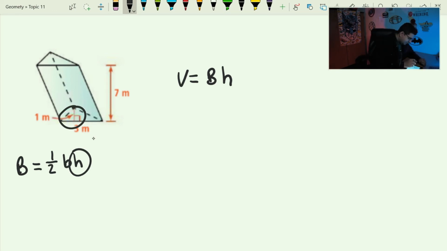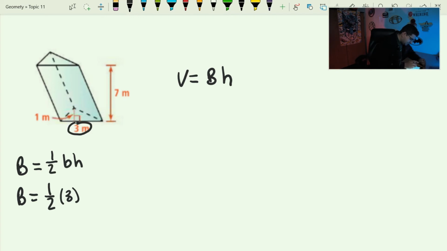So B equals 1/2 times the base of this bottom triangle, which is 3, times the height of that triangle, which they labeled as 1. So 1/2 times 3 times 1 gives you 3 halves, or 1.5.